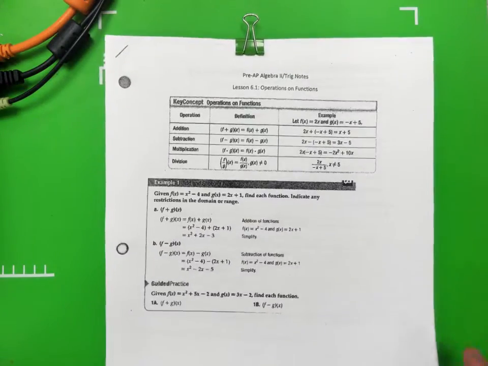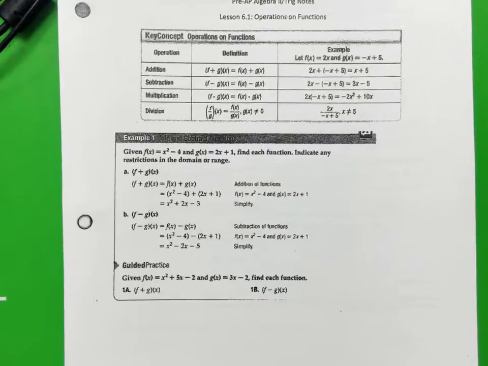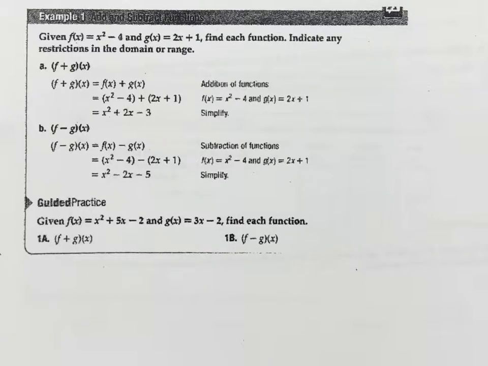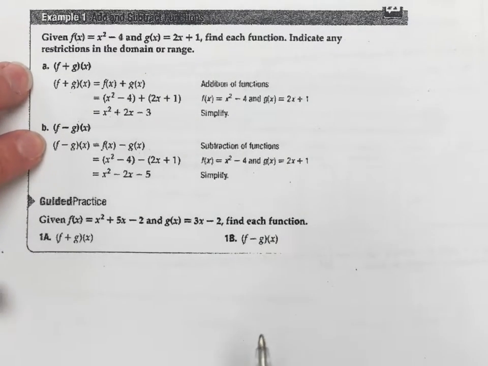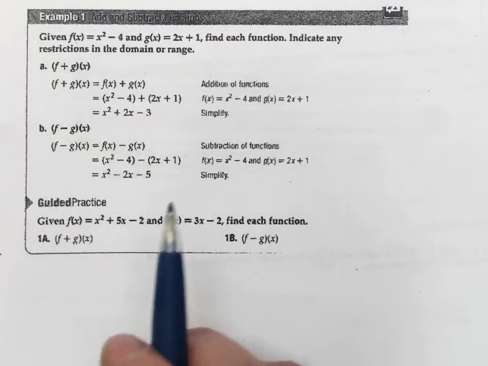Alright, here we go. So you should be on page 2, which says 6.1 notes, operations. So we're going to deal with these two examples that are right in the middle, okay? This example A and this example B. We're going to look at those first, which they're already pretty much done for you.